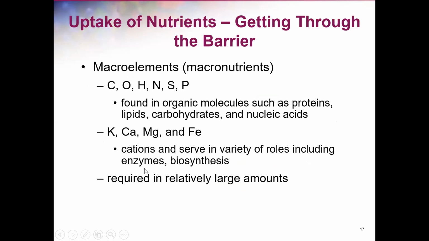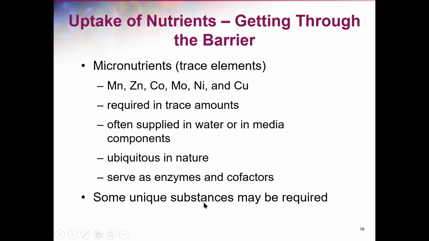Also some ions, like potassium, calcium, magnesium, and iron, are needed in a large amount. Then some elements are needed in a very small amount, called trace elements, like zinc and copper. They're toxic in excess, but they're still needed. Like molybdenum and nickel.